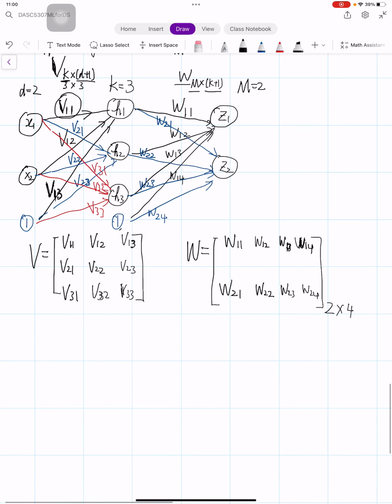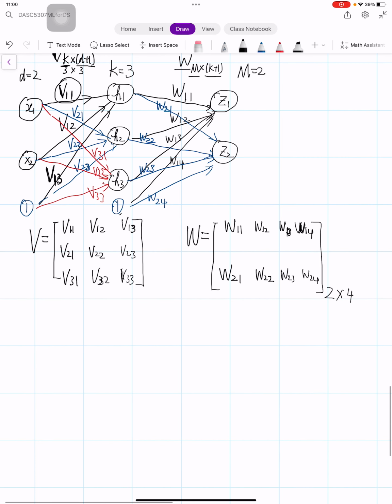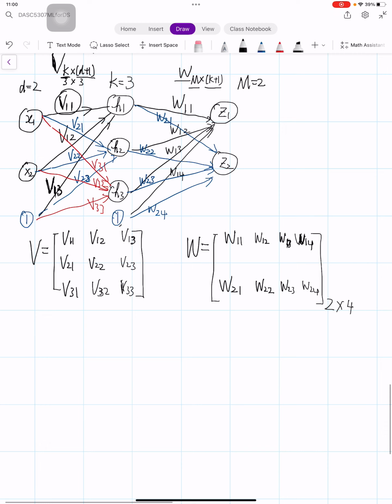Okay, so that's some basic notation. And then suppose we apply some activation functions at each level. So we introduce some new notation.